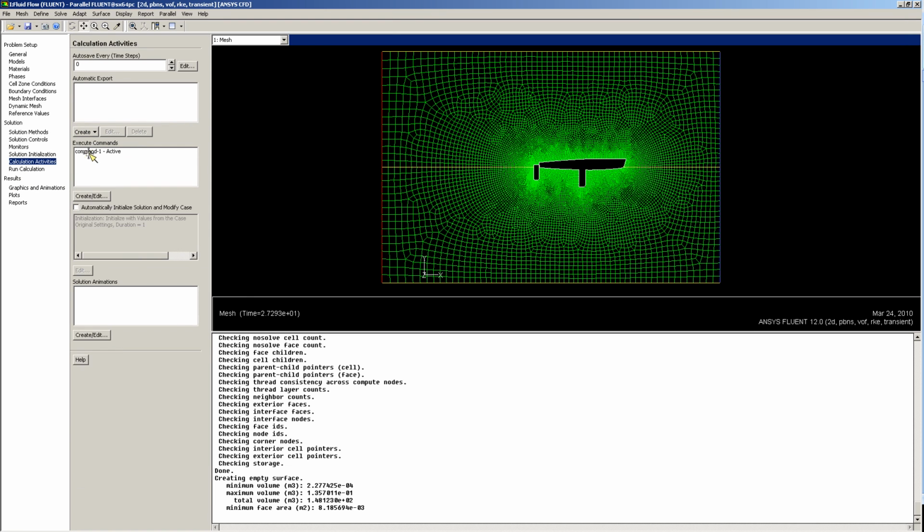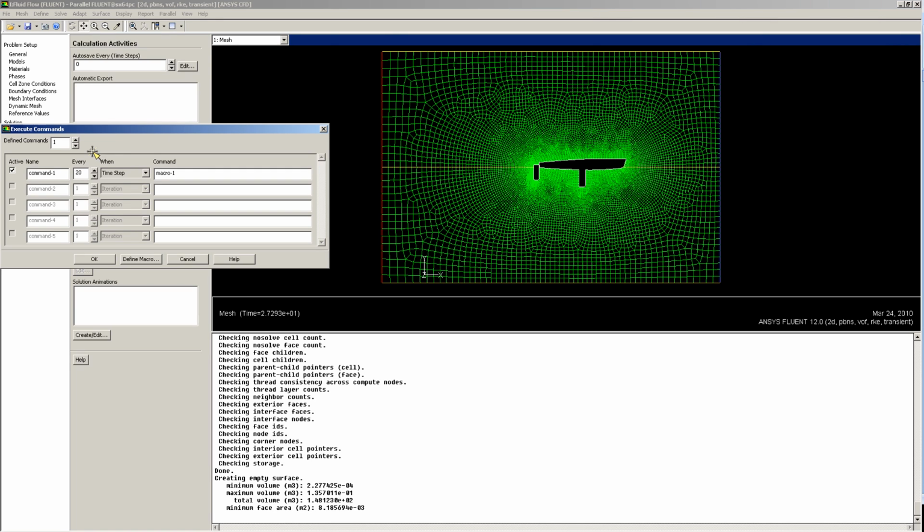Next, we created a command to execute every 20 time steps, and we defined a macro which would plot the volume fraction in each cell on the screen.